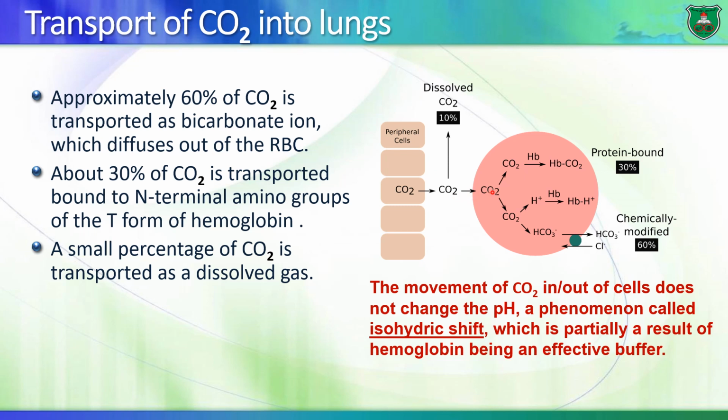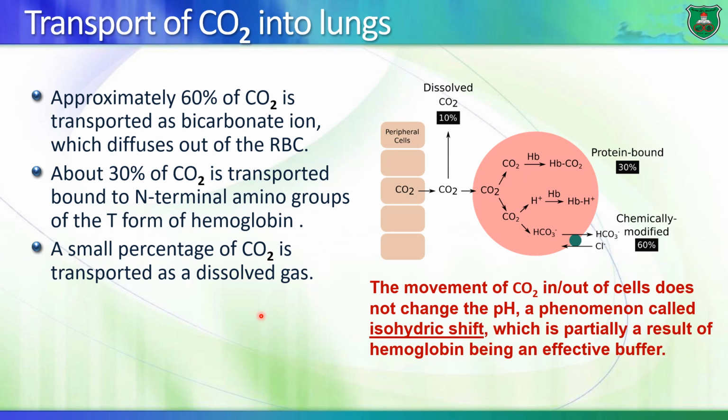In red blood cells, some CO2 is bound to hemoglobin, but the majority is converted to the bicarbonate ion and protons, and bicarbonate ion goes out, and that's how CO2 is transported. So about 30% of CO2 is transported as a bound form to hemoglobin, and very small percentage of CO2 is transported in the form of dissolved gas.